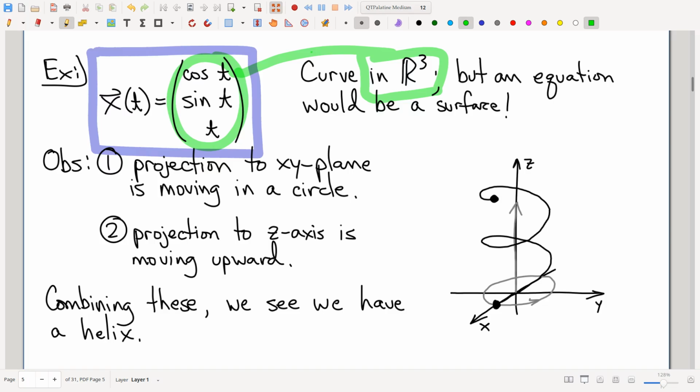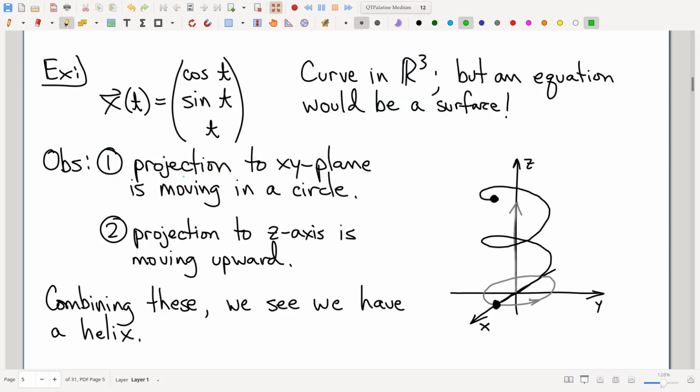And equations, certainly a single equation, is not set up for defining a curve in space. We're going to see more examples of this as we go on, but an equation in space produces typically a surface. So what are we going to do about this? Different tool for your toolbox.